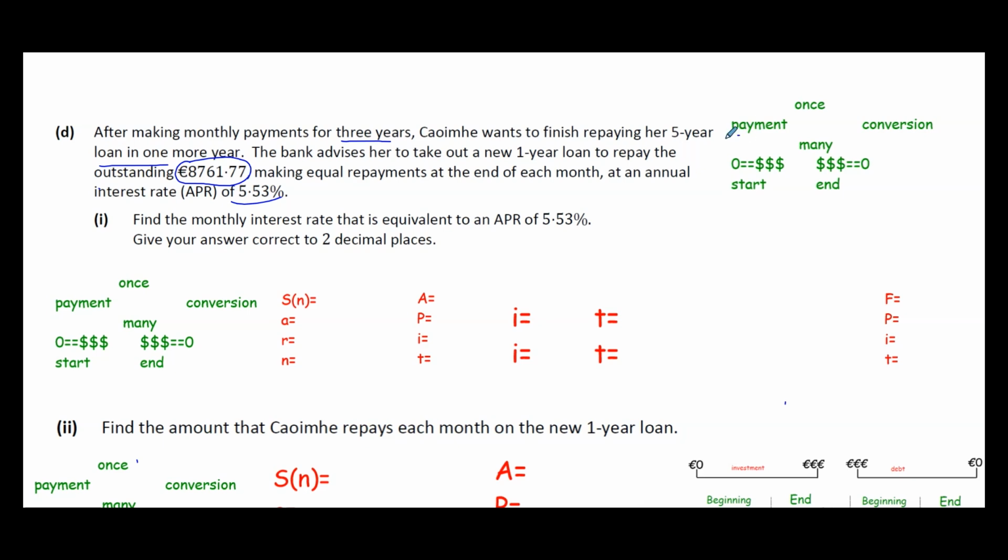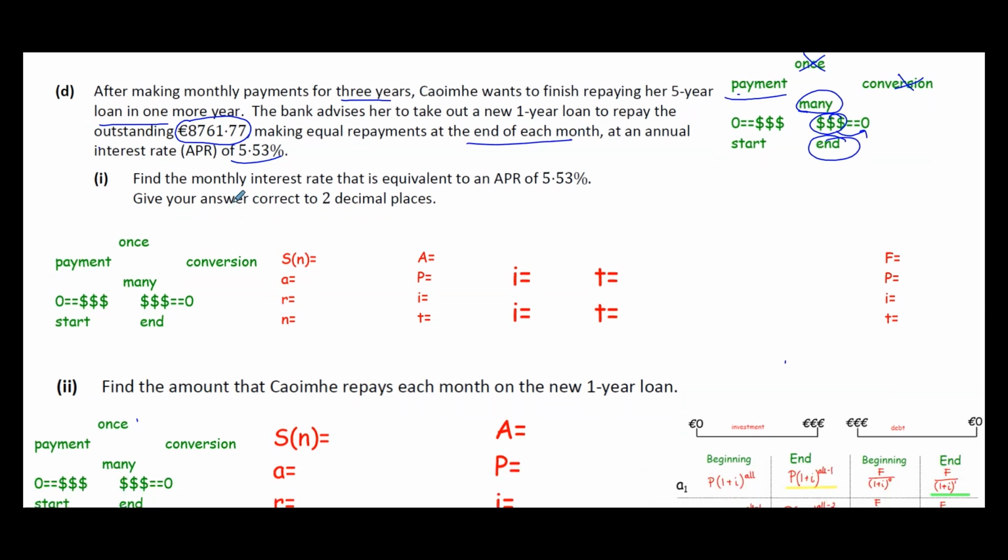So we understand that this is not a once-off payment, and not just a conversion, but about many payments, and she's going from debt to zero debt, paying at the end of each month. In the first part, we have to find the monthly interest equivalent to the yearly one, because we don't have it for this particular question.